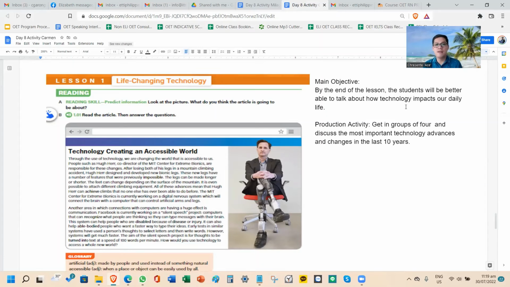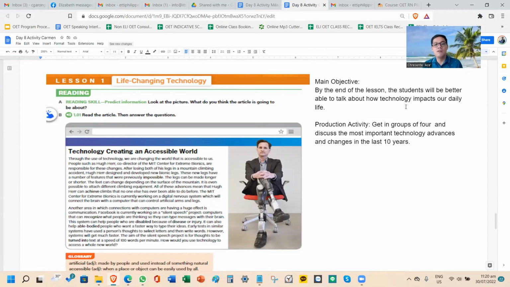Probably, yes, could be students' daily life. Let me read just a couple of lines. Through the use of technology, we are changing the world that is accessible to us. People such as her, co-director of the MIT Center for Extreme Bionics, are responsible for these changes.